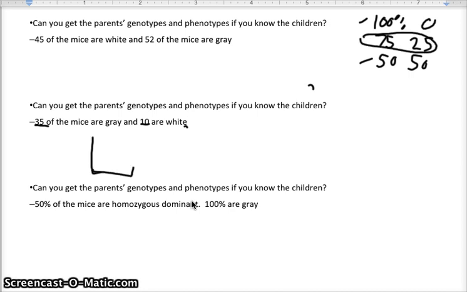So that means 3 of our boxes, and crap, I didn't do this right because we were just talking about white was dominant. But in this one, white would have to be recessive because you can't have 3 of the boxes be recessive. One of the boxes be dominant and 3 of them be the recessive for the gray. So in this one, white had to be recessive and gray is going to be dominant.